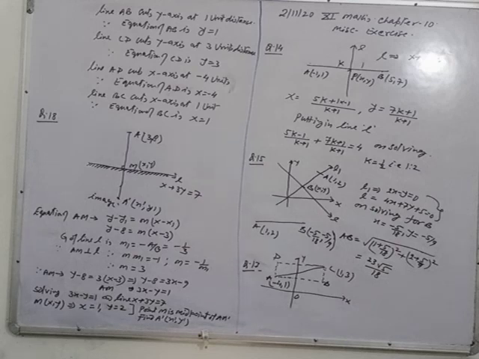Since M is the midpoint of A A dash, by the midpoint formula, with A as (x1, y1) and A dash as (x2, y2), and M as (x, y), apply the midpoint formula and you can determine the coordinates of A dash, the image (x dash, y dash). You know A and you know the coordinates of the midpoint M, so find A dash. Okay.